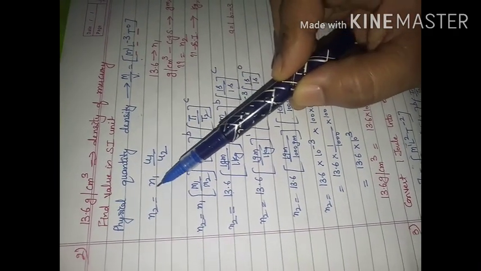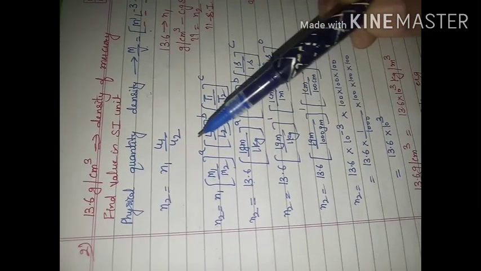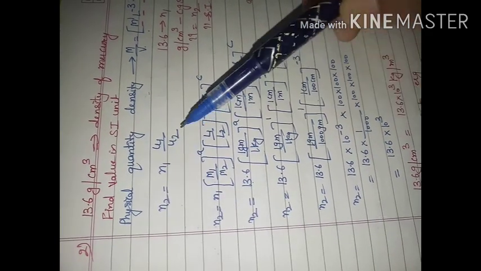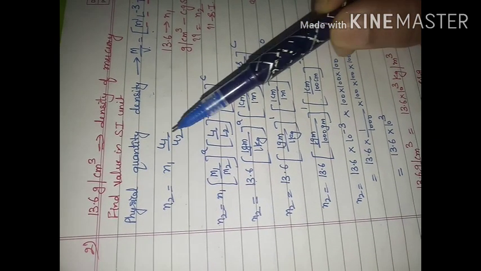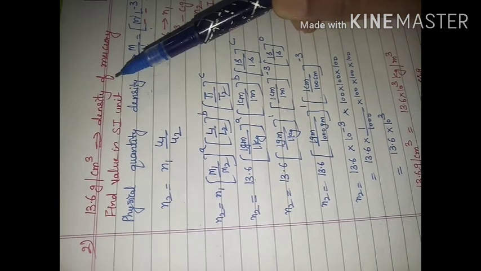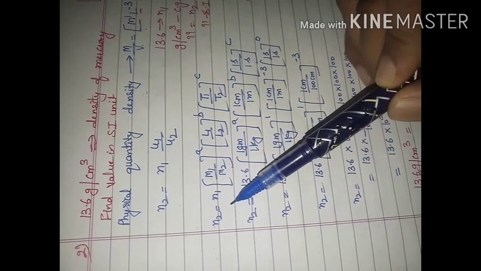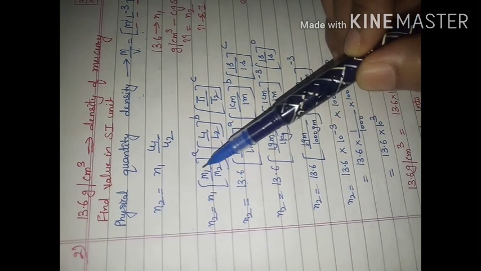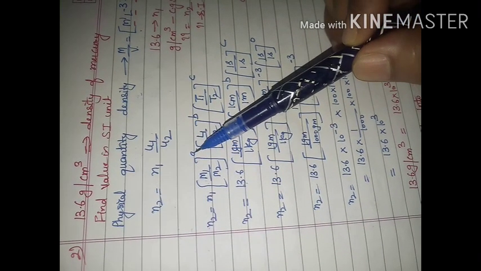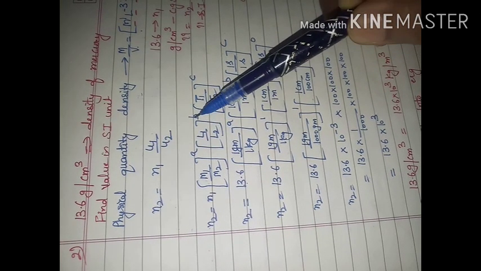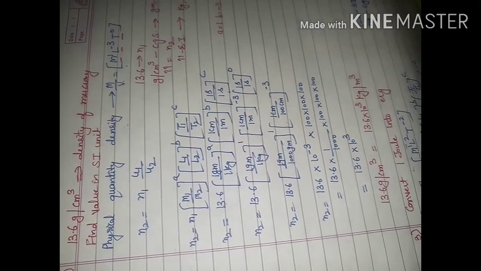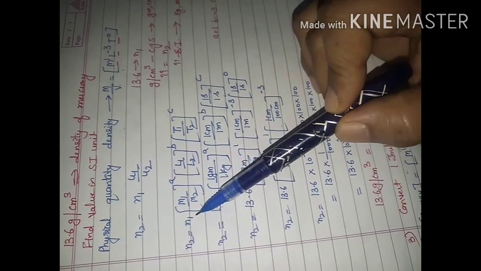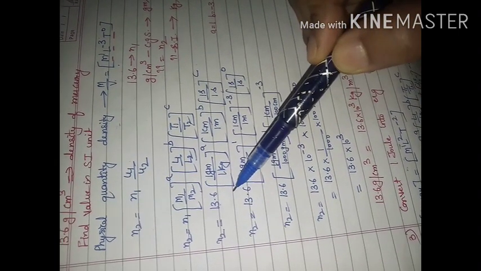N1 and U1, these things are given to us. N2 we have to find. U1 is given in CGS system. U2 we have to consider in SI system. So N2 will be equal to N1, M1 upon M2 raised to power A, L1 upon L2 raised to power B, T1 upon T2 raised to power C. N1 is 13.6.